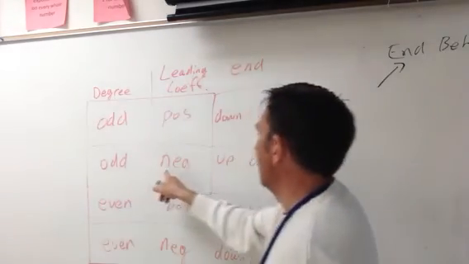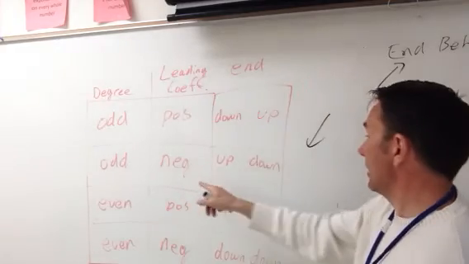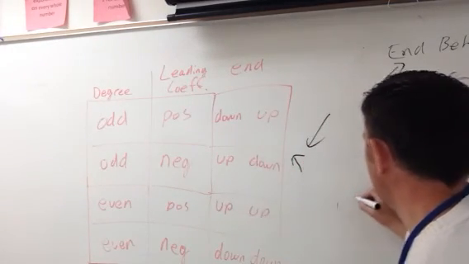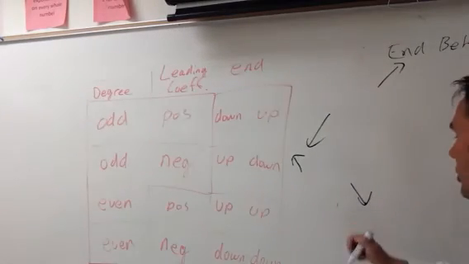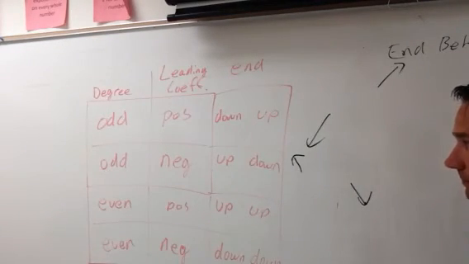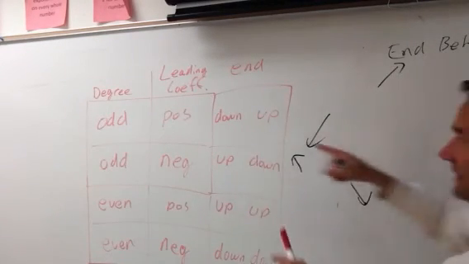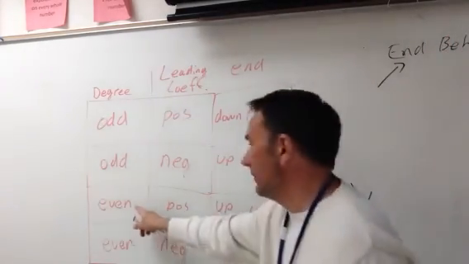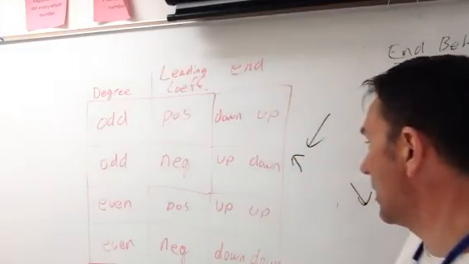If it's odd and it's a negative coefficient, it's going to flip around. It's going to start going up and then finish going down. So if you notice, if this is odd, they're going in opposite directions.